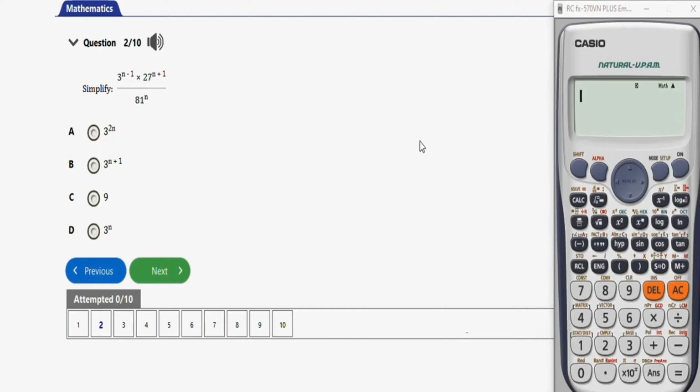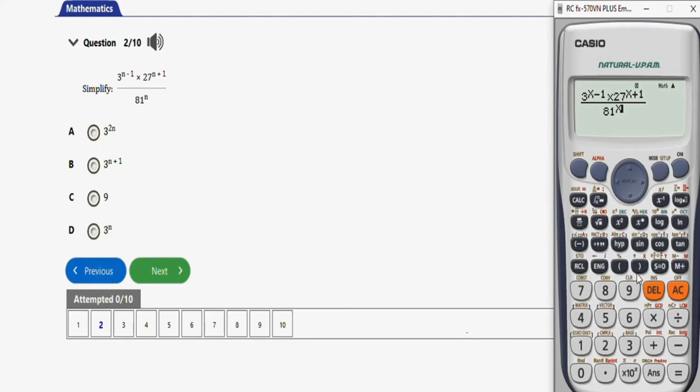Alright, so let's simplify what we have there. We have in fraction 3 to the power, and let's replace our n with x. Alpha x minus 1. Okay, come down. We have times 27 to the power alpha x, okay, plus 1 over, we have 81, okay, to the power, let's replace our n with x.